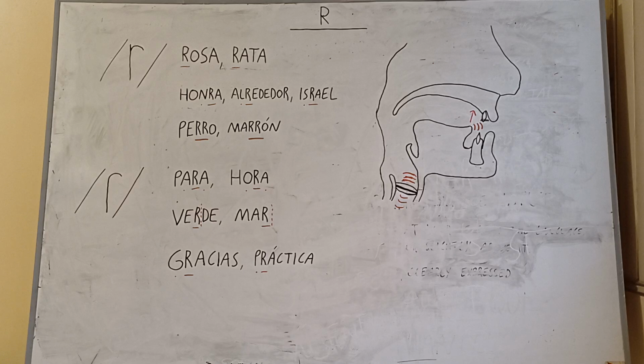It's always funny to hear foreigners try to say gracias because they pronounce the R not with the tapped sound but with the approximant sound, which is the sound of the R in English, and they pronounce the word gracias like in English.